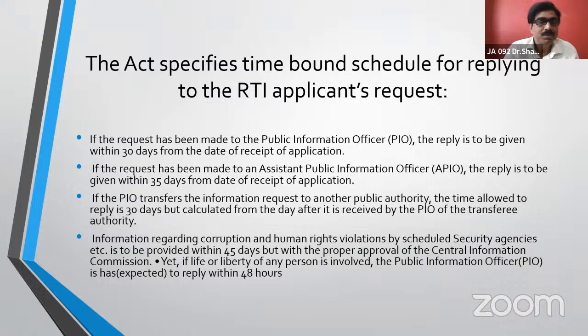Information regarding corruption and human rights violations by scheduled security agencies is to be provided within 45 days, but with the proper approval of the Central Information Commission. Where the life or liberty of any person is involved, the Public Information Officer is expected to reply within 48 hours.